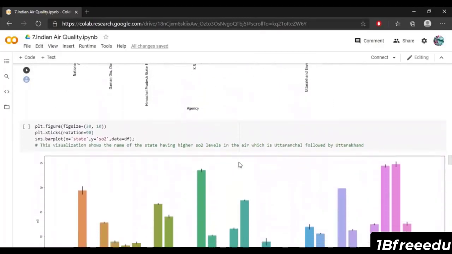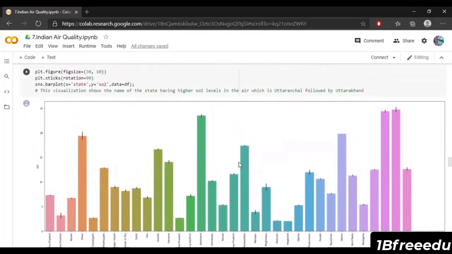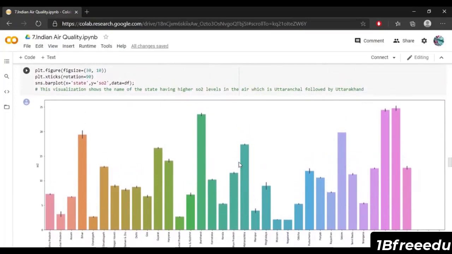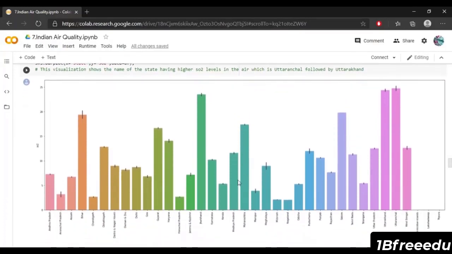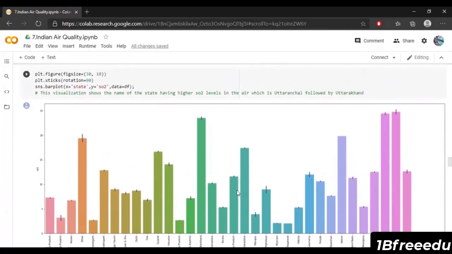The other visualization over here is our bar plot. What we have done over here is that we have taken the name of the state on the x-axis, and we have taken sulfur dioxide on the y. So as you can see, this will show us which state has the higher level of sulfur dioxide present in their environment.